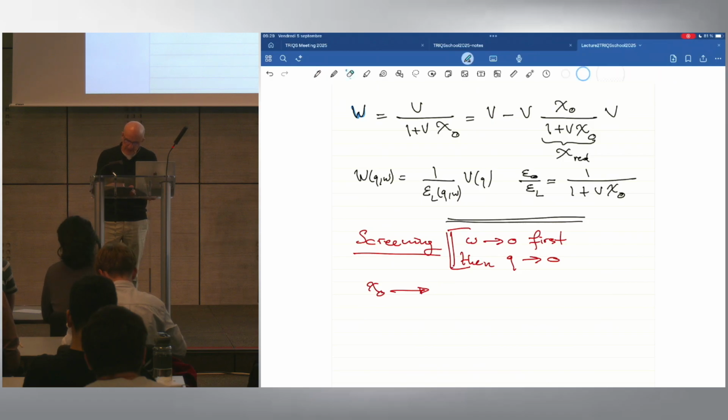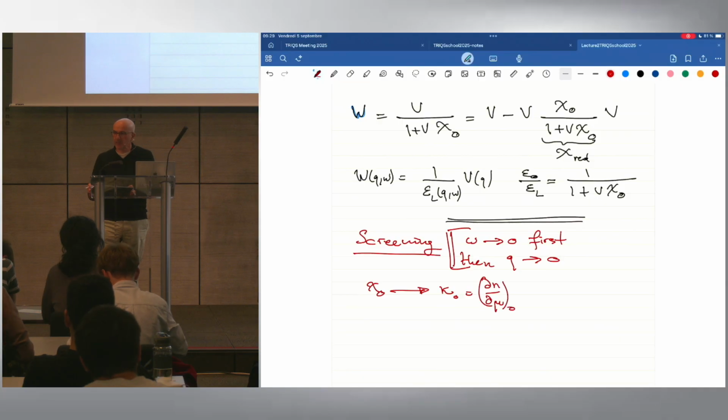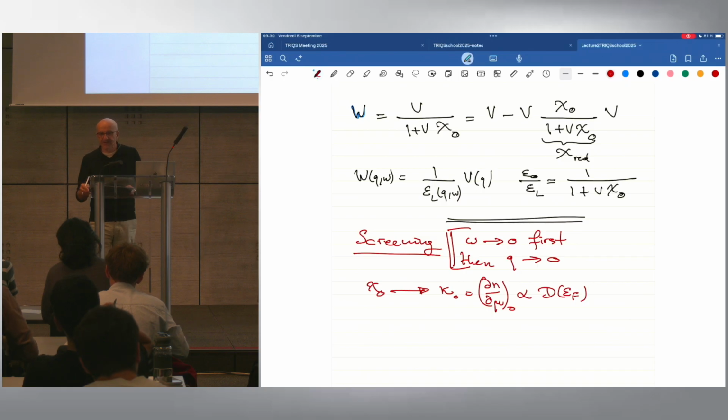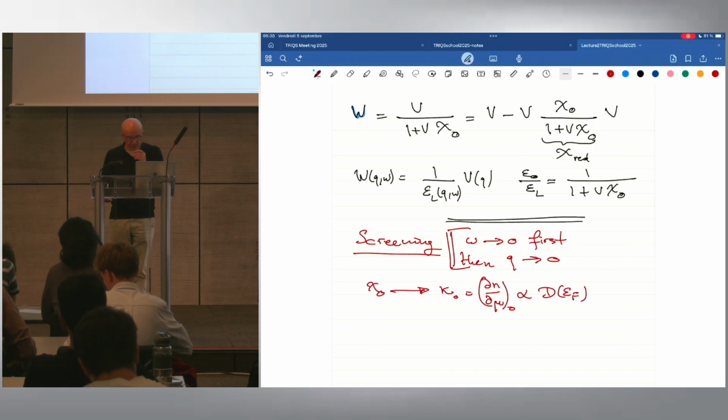So chi naught in this limit would go to kappa 0, which is dn d mu, the compressibility of my free electron gas. Let me put a 0 here, which is a positive number, otherwise the system would be unstable, and proportional to the density of states at the Fermi level, as you can easily see by computing dn d mu in a free electron system.